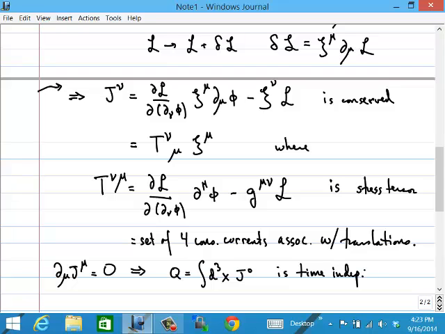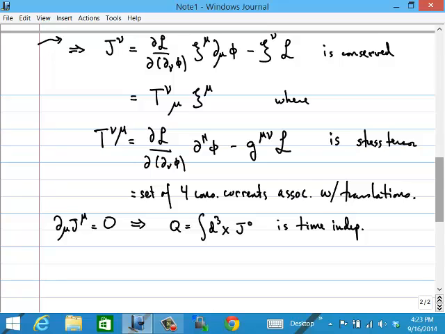That's proven by taking the first derivative of Q with respect to time, replacing j0 dot by del dot j vector, and then that's the spatial integral of a total derivative, so it's equal to 0. Okay.